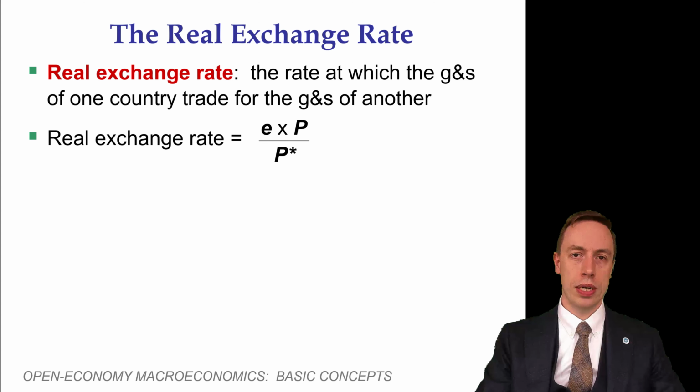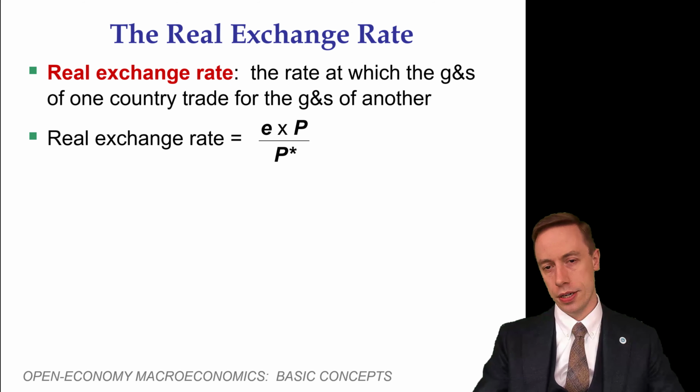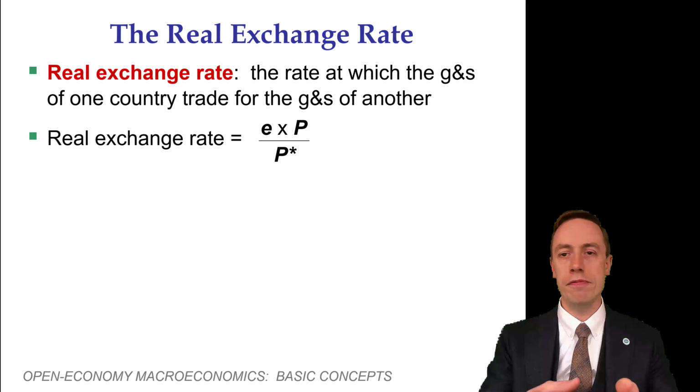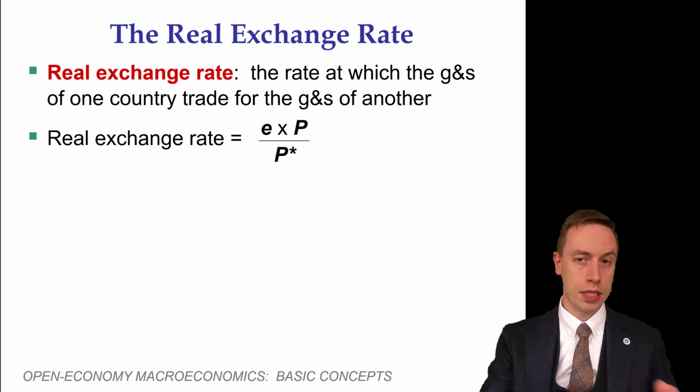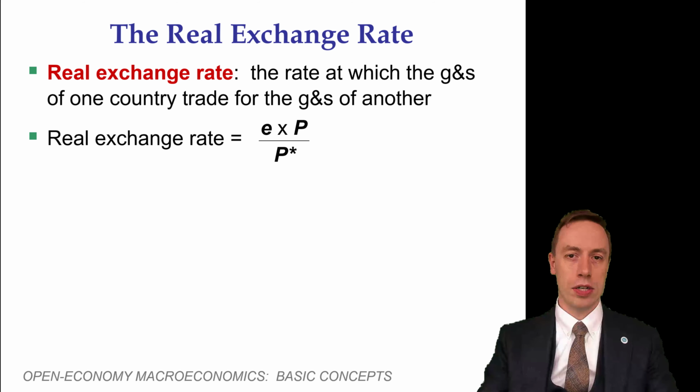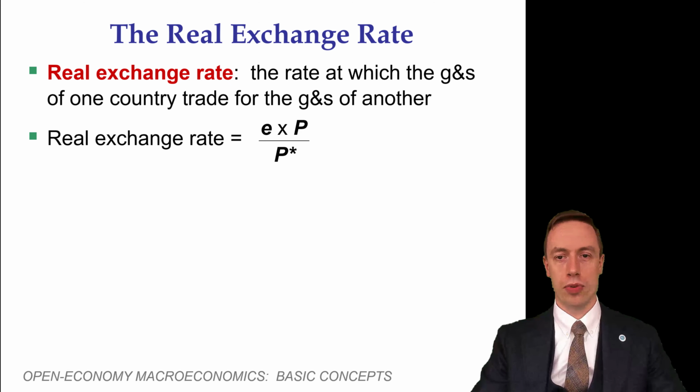So the real exchange rate is expressed as E times P over P star. First of all, what's with the star here? Well, in international economics, we're often dealing with the same variable in both the domestic country and the foreign country. We put a star next to the variable name in order to represent the variable in the foreign country.